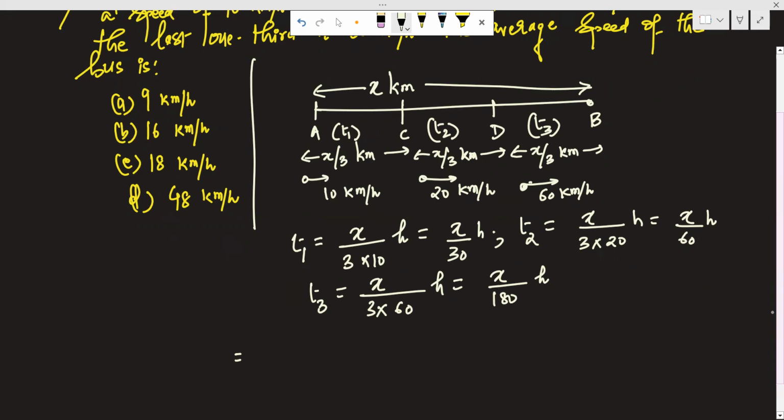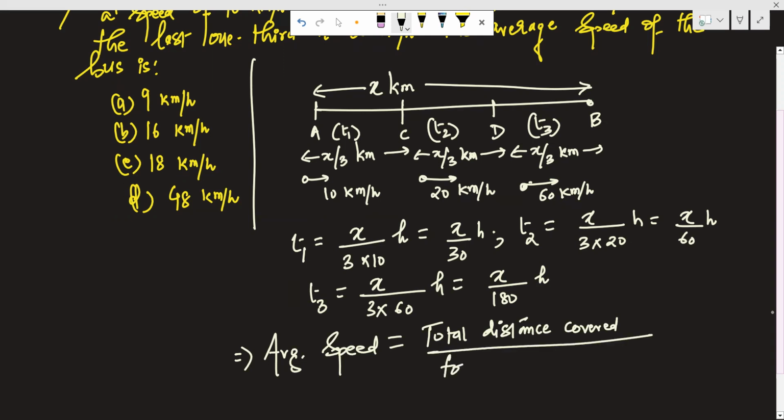So now I want to find the average speed. And you know that average speed is given by total distance covered divided by total time taken.